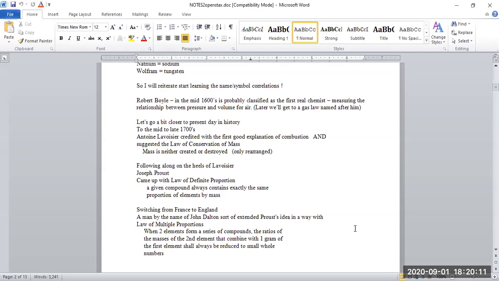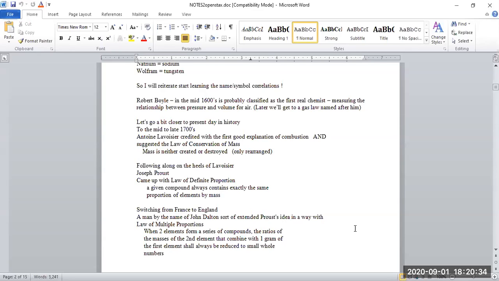We talked about this just a little bit back in chapter 1. Mass is neither created nor destroyed. You only get to rearrange it, okay? You can't make it or break it. All you get to do is rearrange it. Well, he had a buddy, we're talking about 10 years later or so. His name is Joseph Proust.